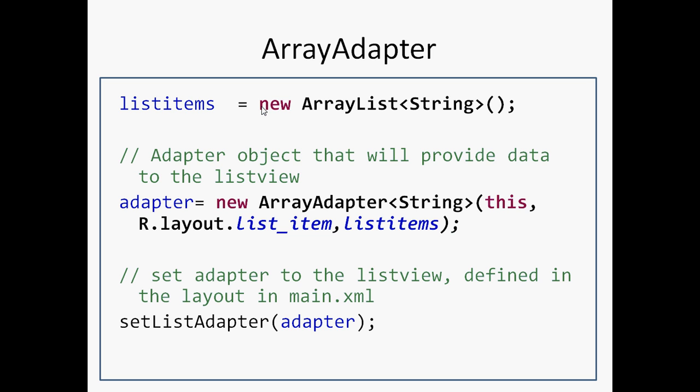So here we have designed each and every item in the list view in list_item.xml under the layout folder, and we have specified the ID of this list item as list_item. This design will be specified for each and every item, and the third parameter is the data items that we are going to show in the list view. So this is list items, the object of type array list. Alright.